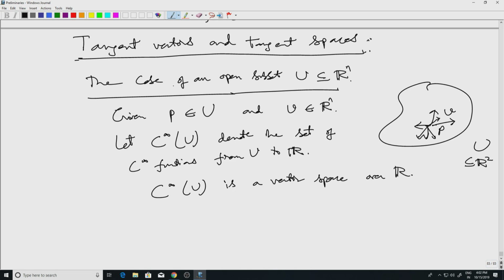I want to define, now I've taken a point P and a V in R^n.